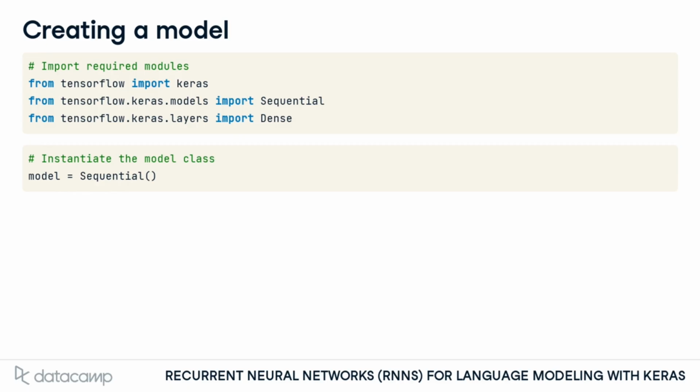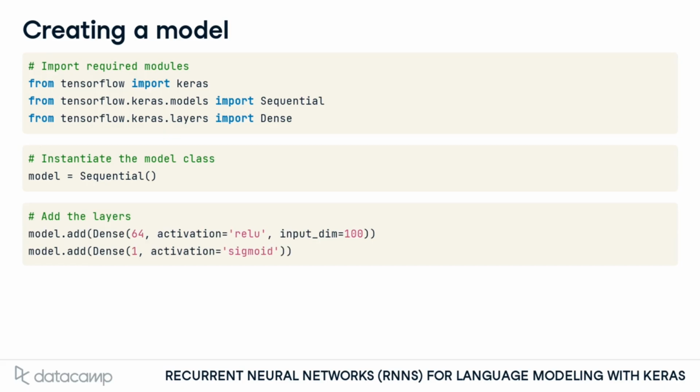Add desired layers with the method add, as in model.add(Dense(64, activation='relu', input_dim=100)).